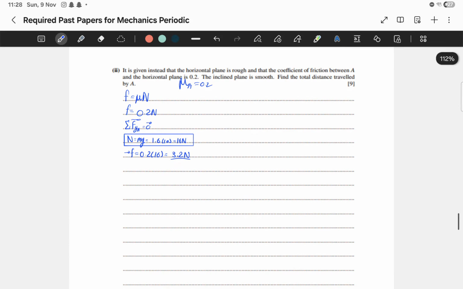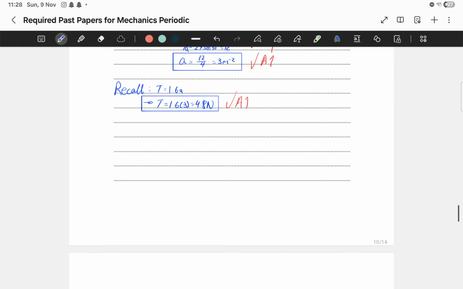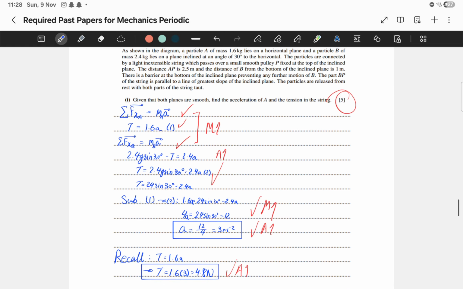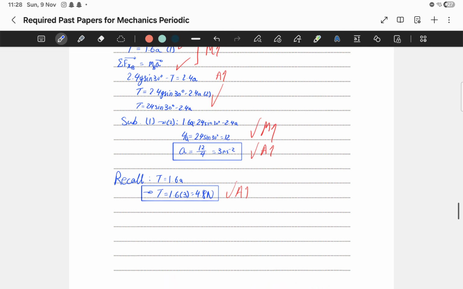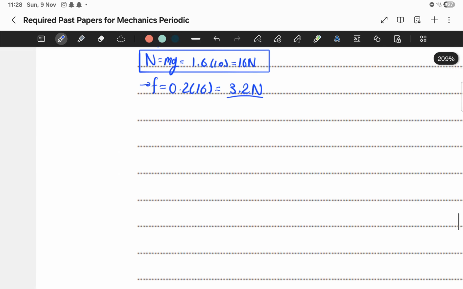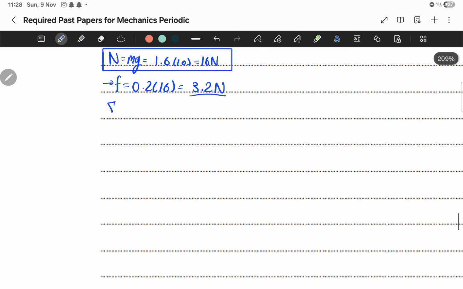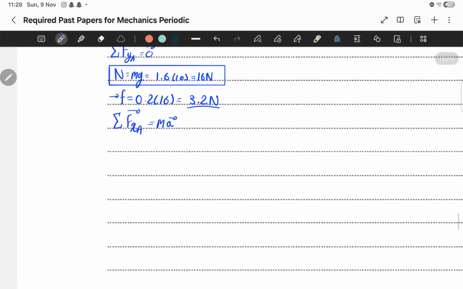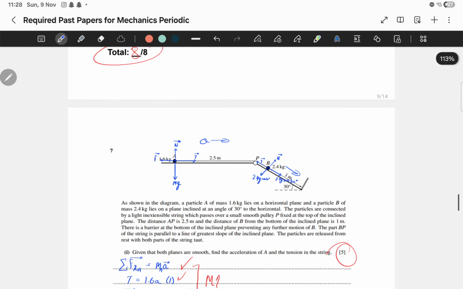The acceleration has obviously changed, right? The acceleration is no longer 3, because now we have friction, and the pulley has the same acceleration. So we're going to do the exact same process, but we're going to consider friction now. So sigma Fx of A is equal to MA, right? So what is Fx of A now? Tension minus the friction.